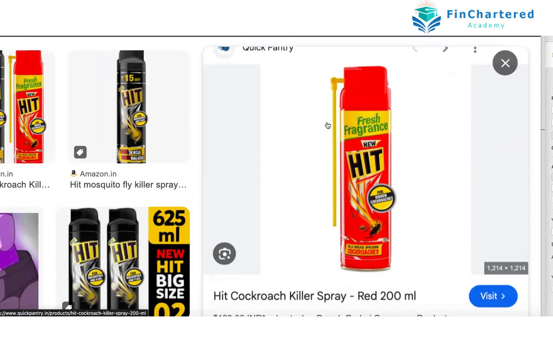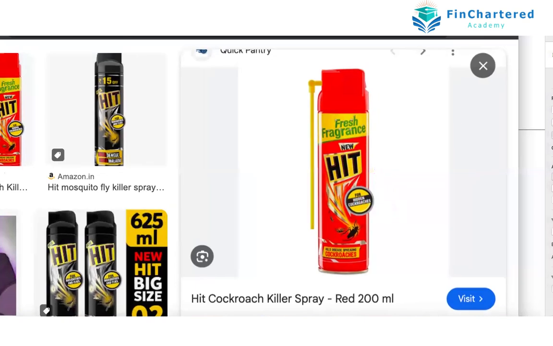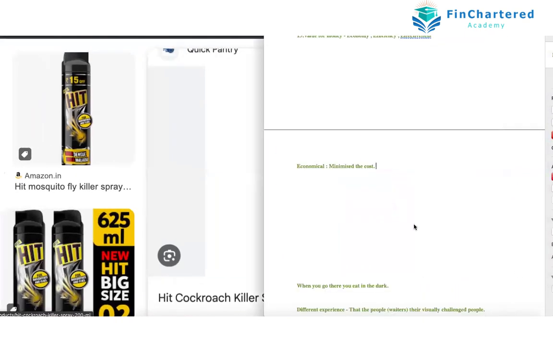Next is, when will I say this was effective? Hit, when will you say it was effective? When it kills all who? Don't stop at kills all. It becomes very misleading. Kills all means who do you want to kill? It kills all the mosquitoes, right?